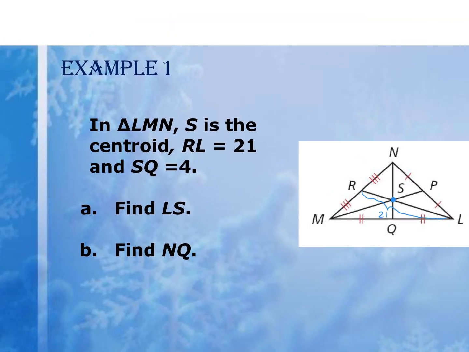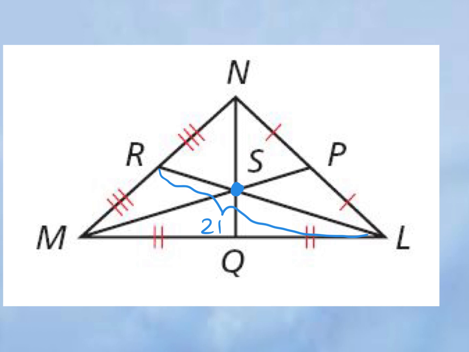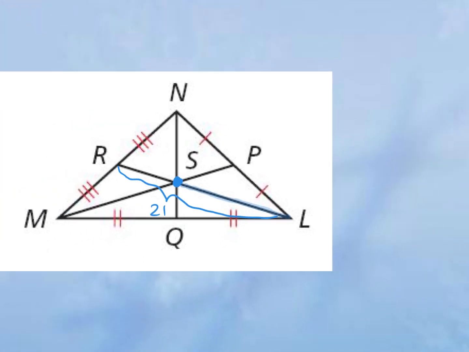Could we find LS? If RL is 21, could we find LS? Juliet? Yes, absolutely. Go ahead. RS looks about 1/3. SL looks about 2/3. Divide 21 by 3, times 2, plus 7 plus 7 is SL.